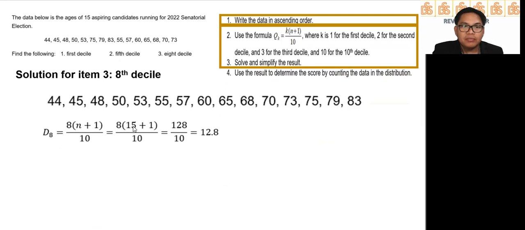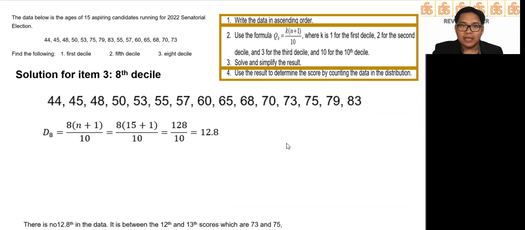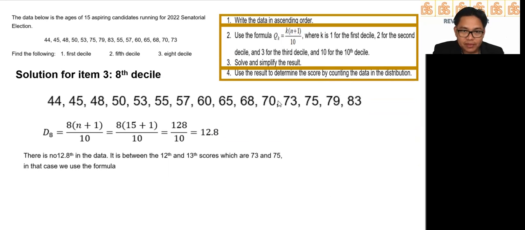So 15 plus 1 is 16, times 8 is 128, divided by 10 is 12.8, another non-exact value. In that case, we cannot simply count, because 12.8 is between the 12th score and the 13th score, which is between 73 and 75.